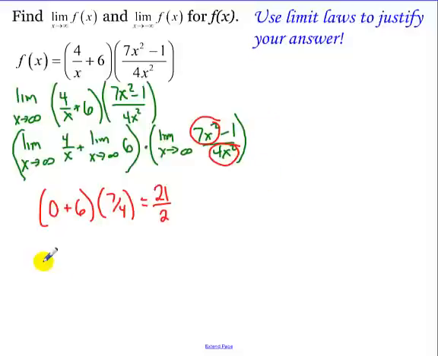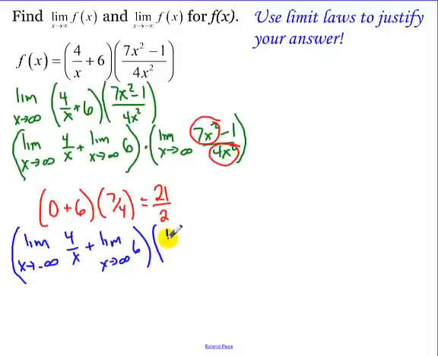Similarly, when I do infinite limits for negative infinity, I can also break it down the same way. And I'm going to negative infinity. I forgot my negative sign over here.